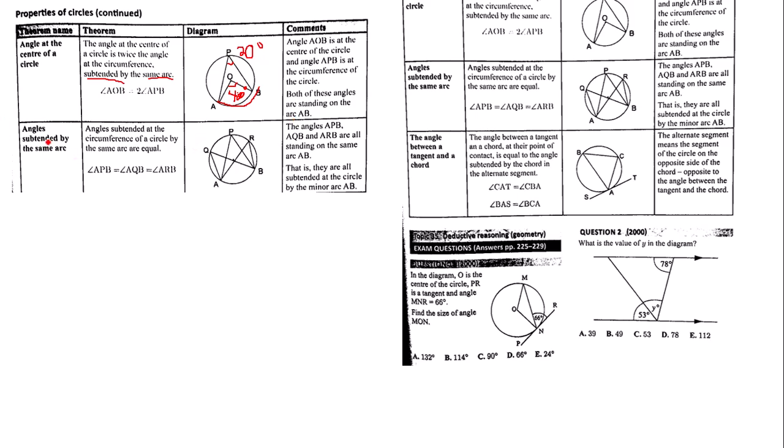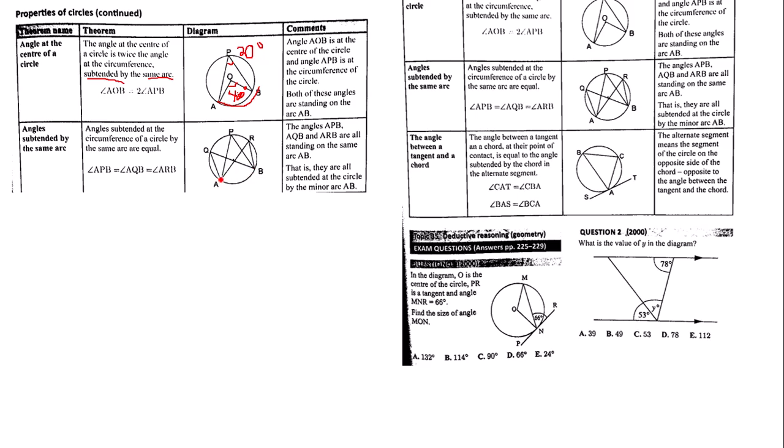And then we have this angle subtended by the same arc. Now we have more than one angle, and they are again held up by the same arc, and take note they are touching the circumference. Angle Q, angle P, angle R, they all come from the same arc AB. Take note, the lines that form the angles start from the same points.